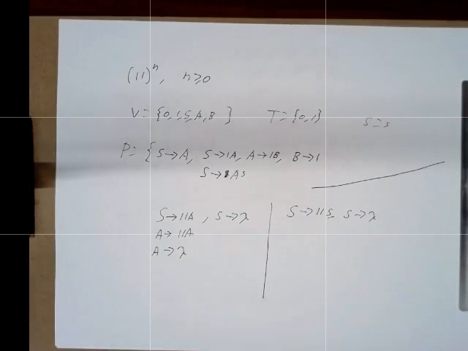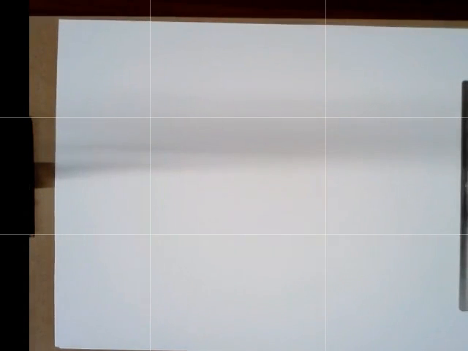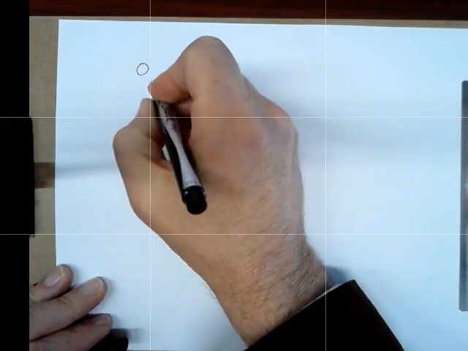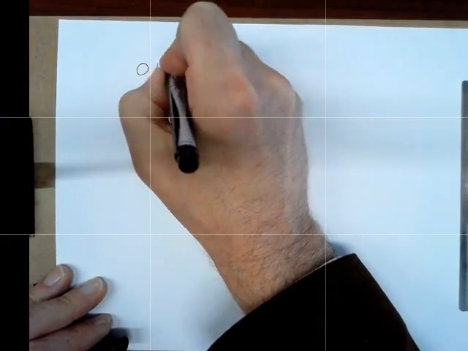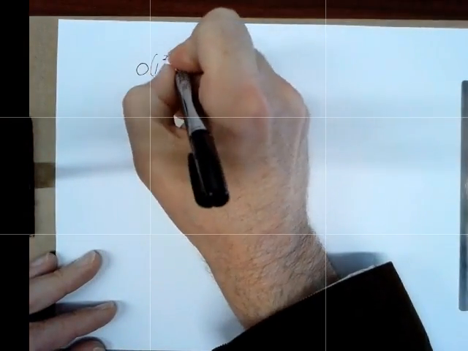So, yeah. I was wondering about question 1B, which, if I remember right, was 0 followed by 1 to the 2 to the n. So 0, 1, and it's just 1 to the 2 to the n? Okay. So kind of like this?